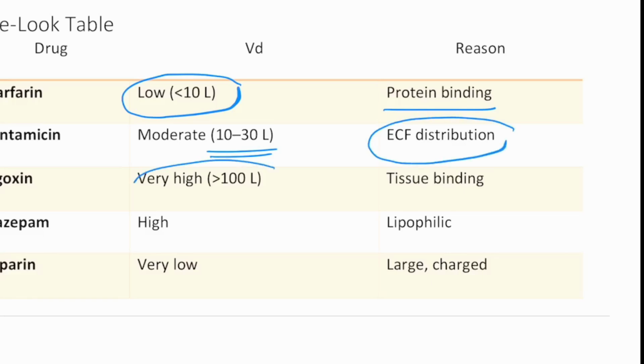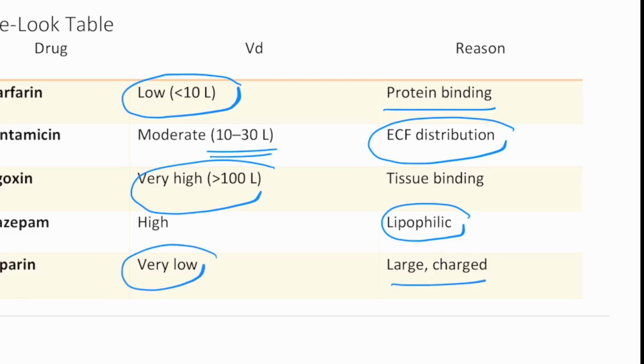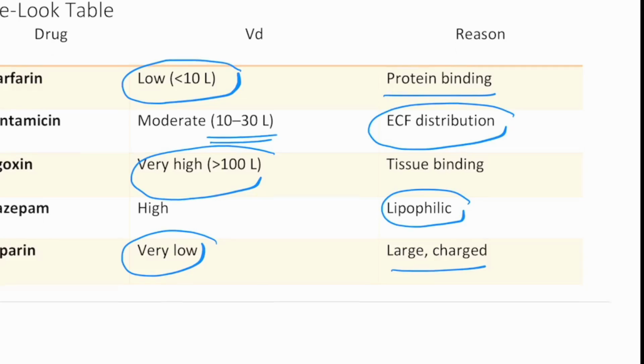More than 100 liters, digoxin, is due to tissue binding. Diazepam is because of its lipophilic nature. Heparin has charged, large particles, so particle size is also important, and the volume of distribution is low. So heparin has a low volume of distribution.